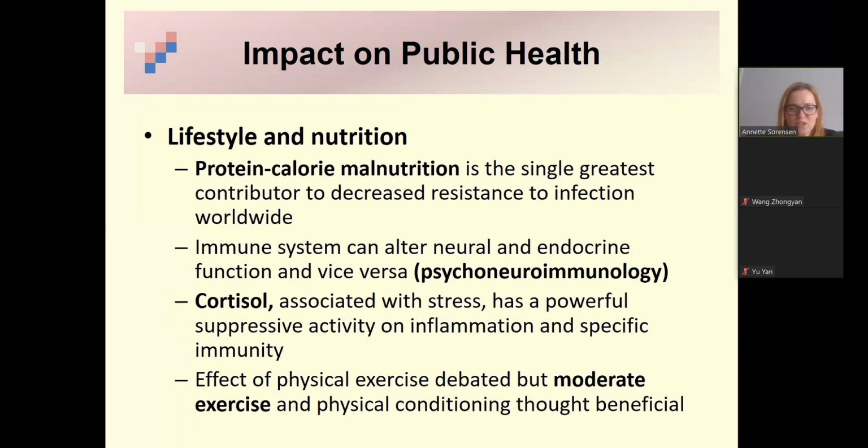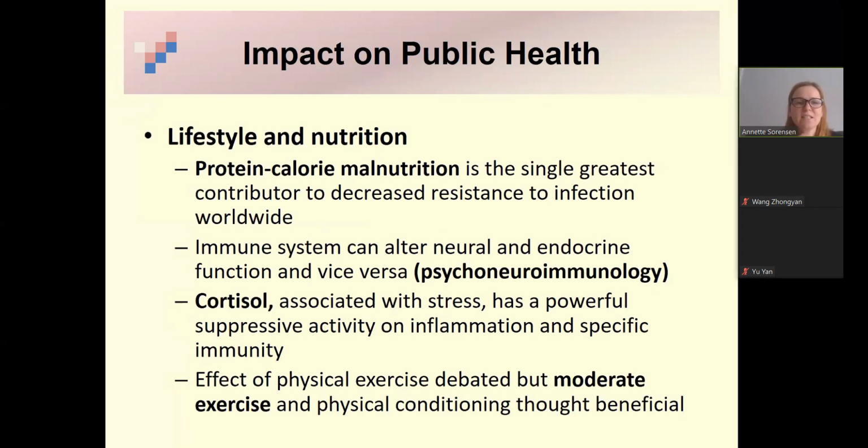Physical exercise can also have an effect on your immune system. Moderate exercise is good. However, very strenuous physical exercise is not thought to be beneficial, because it increases tissue stress, and that leads to immunosuppression.